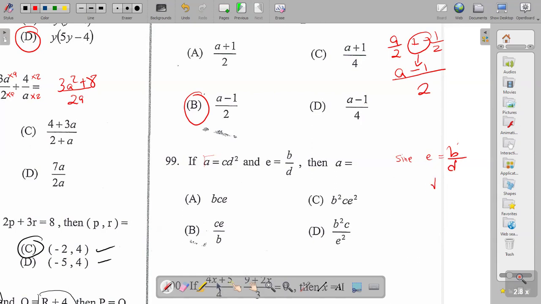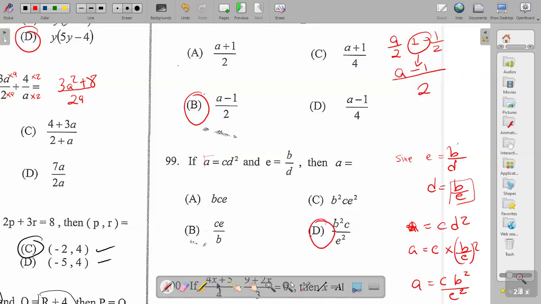So that means D is equal to B over E. So you see where you got no more D's? So let's use the formula for A now. A is equal to C D squared. We know what D is. D is B over E. So A is equal to C times B over E squared. So that's A equals C B squared over E squared.